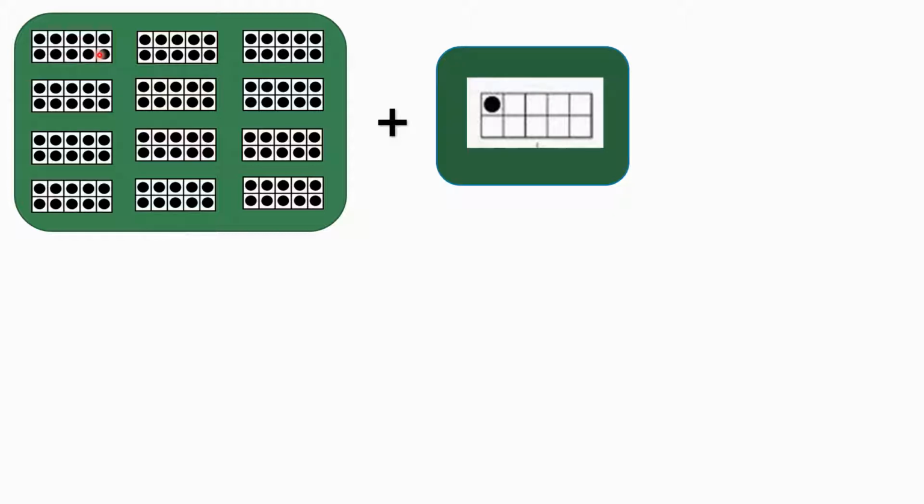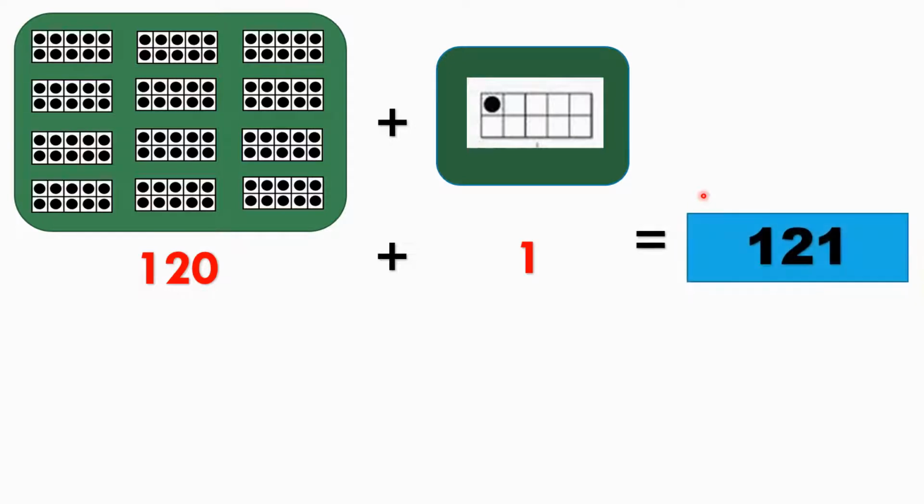So how many blocks are here? 1, 2, 3, 4, 5, 6, 7, 8, 9, 10, 11, 12. Total 12 blocks. So it means 120. If we add one more dot, so 120 plus 1 is equal to 121.